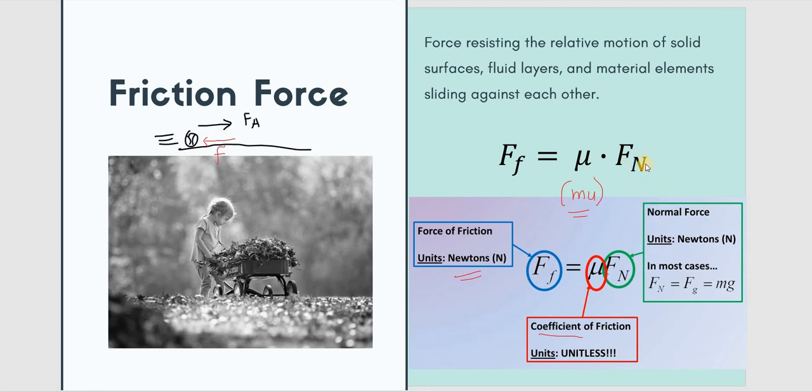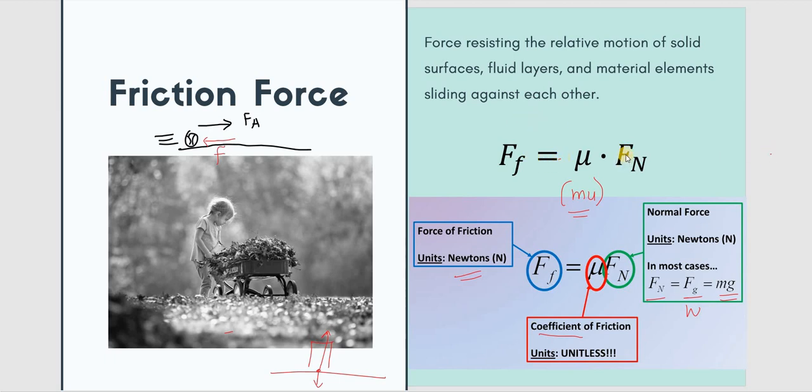And then we have the normal force, for flat surfaces. Remember that this is for flat surfaces. I have to really emphasize that this is for flat surfaces, because if we talk about an inclined plane, there will be another formula for the normal force. So this is your weight and this is the normal force. For flat surfaces, in most cases, the normal force is equal to the weight, equal to the mass times the acceleration due to gravity.